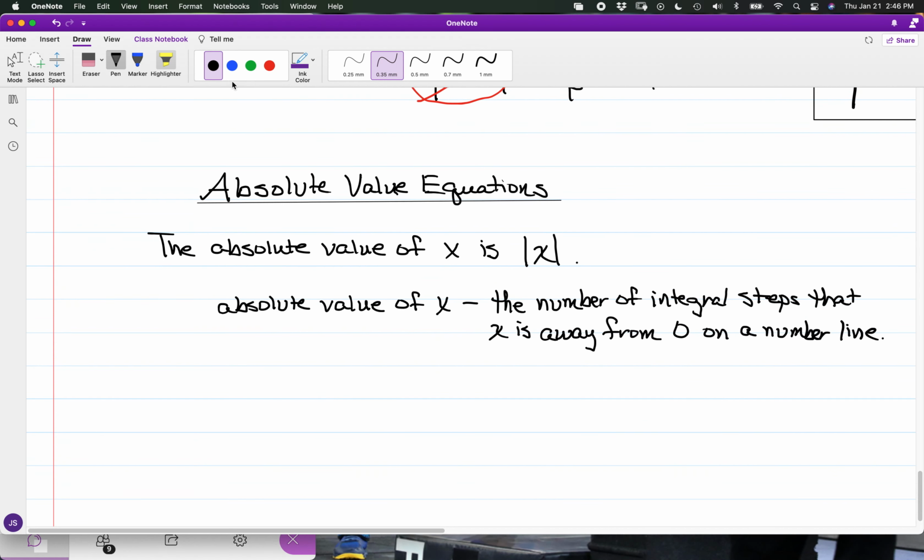And absolute value is going to be a non-negative quantity.